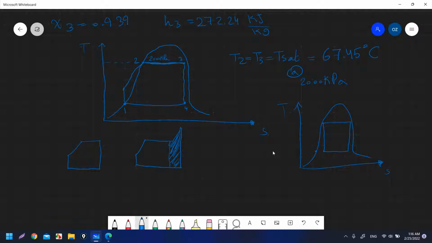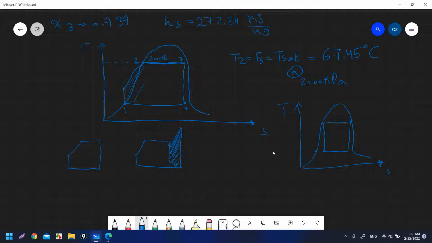But we didn't change anything here. Maybe this one touches the saturated vapor, but this one does not touch. So the improvement for this Rankine cycle was this part, that we moved this point from here to here. Okay, so that is the difference.